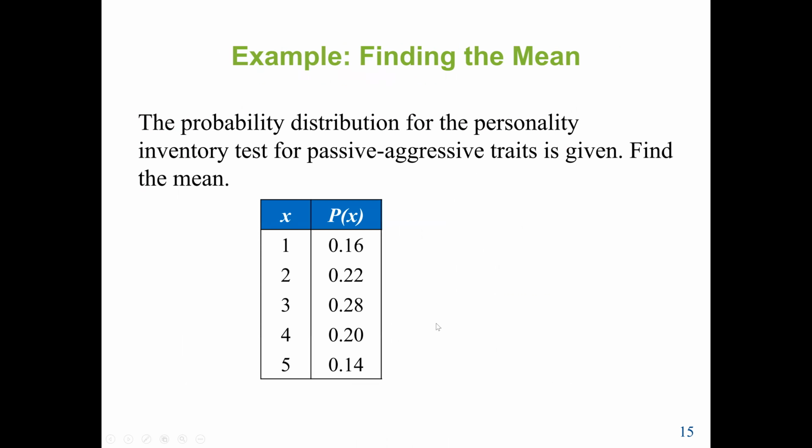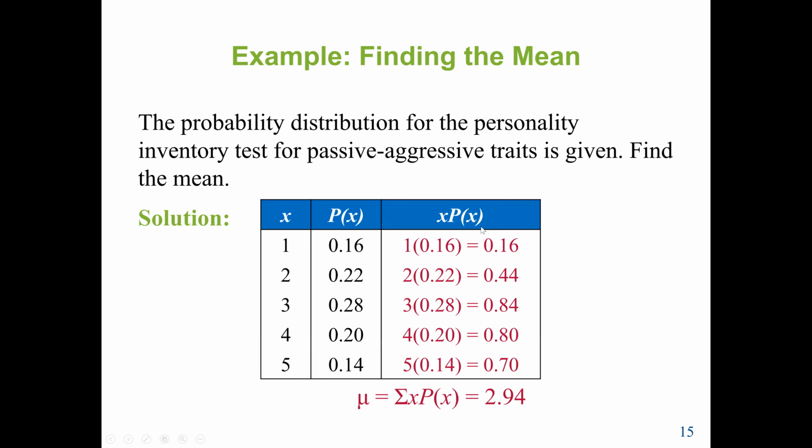So let's see the same example here. We can see this is our previous example. We were able to, again, create our probability distribution table here. So now if we want to find the mean of this data set, we are again going to multiply 1 by 0.16, 2 by 0.22, 3 by 0.28, 4 by 0.20, 5 by 0.14, and then sum all, and that will give us the mean.